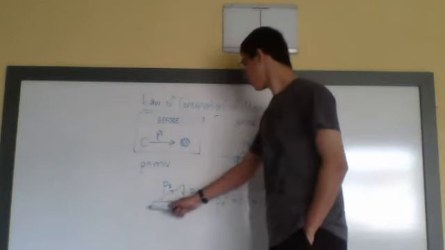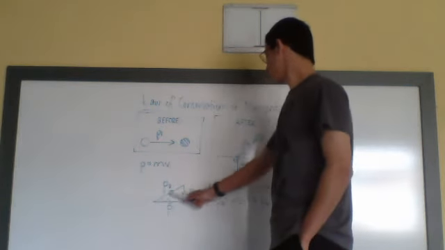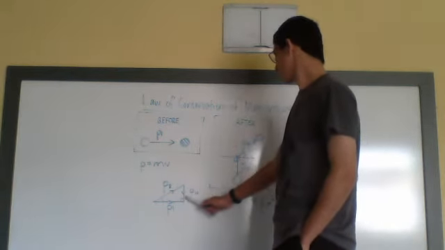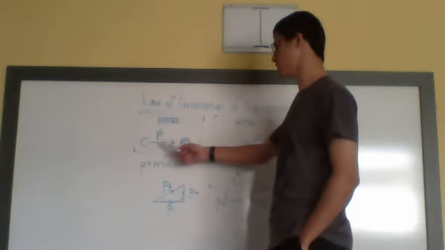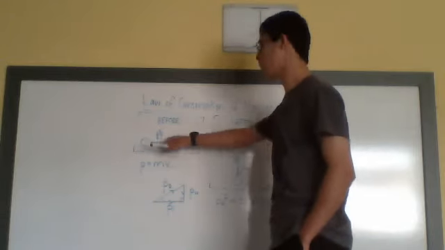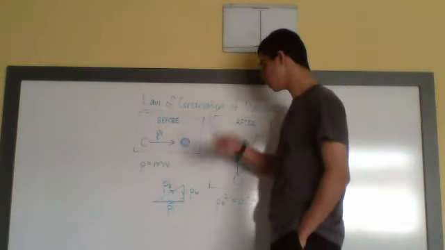Now since the momentum of the black ball and the white ball added together is equal to the momentum of the white ball before collision, i.e. the momentum of the system before collision, momentum is conserved.